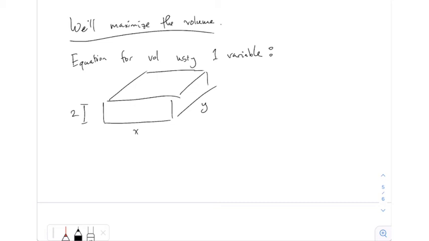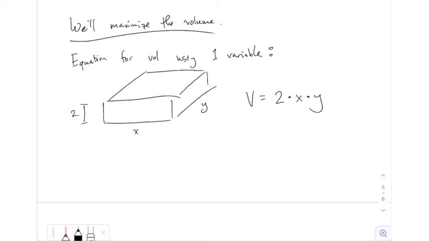The issue is we have to write this using a single variable. I want an expression, an equation for the volume using only one variable. As a first attempt, I can say the volume is 2 times x times y. This is a good start, but not quite good enough because I only want one variable.